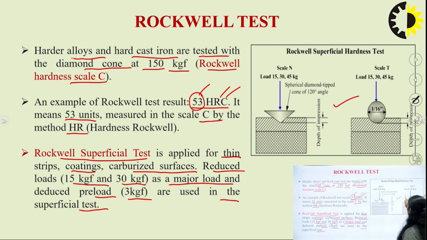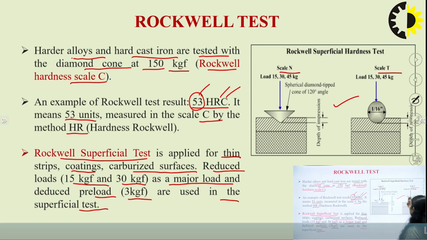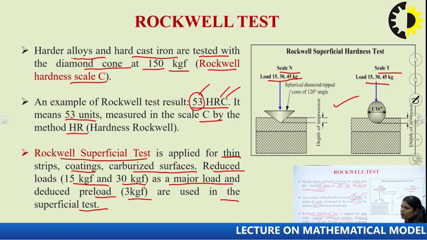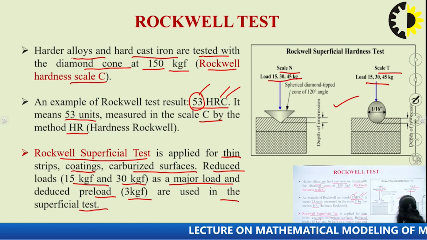This is the same diagram: this is the scale N and this is the scale T, and these are the values of the load. Here we are using the diamond cone shape, and here we are using the steel ball shape indenter.